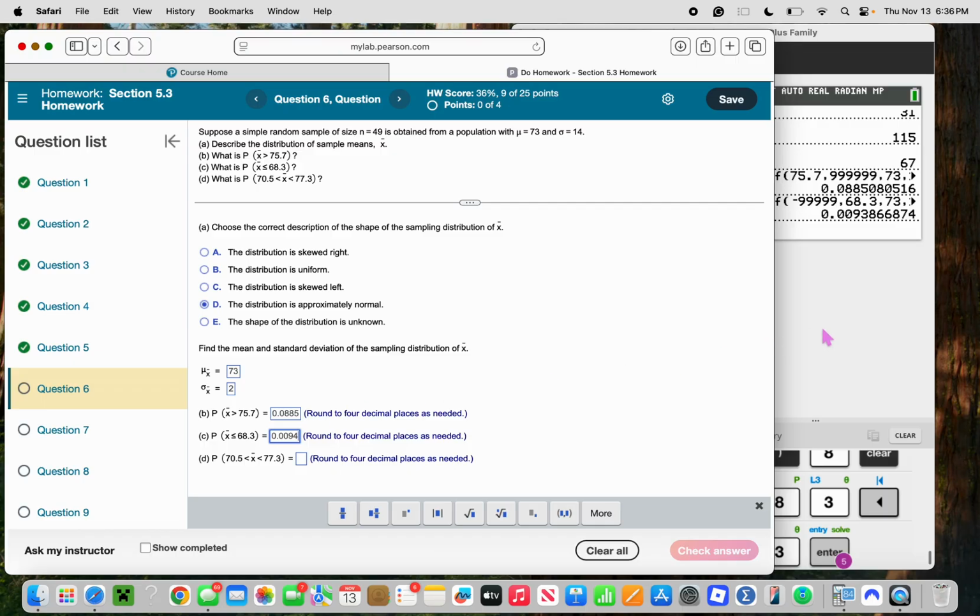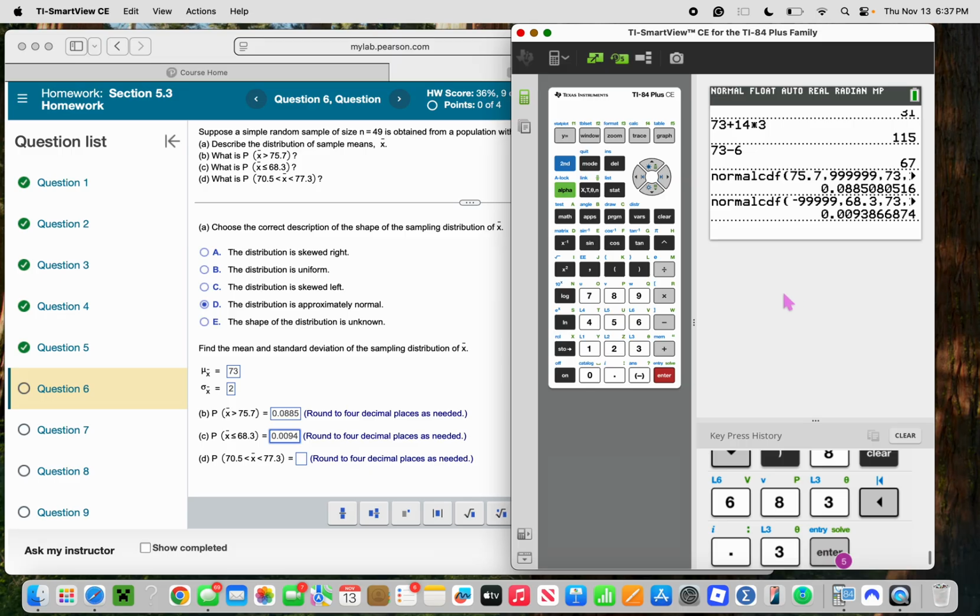And now we want to know the probability that it's going to be between 70.5 and 77.3. So again, remember, with an average of 73 and a standard deviation of 2, 99.7% of our values are going to fall between 67 and 79. So it's going to be less than 99.7% because it's within that window.